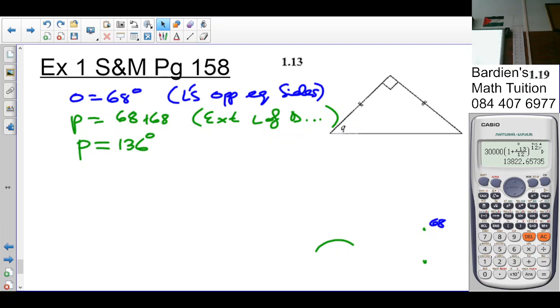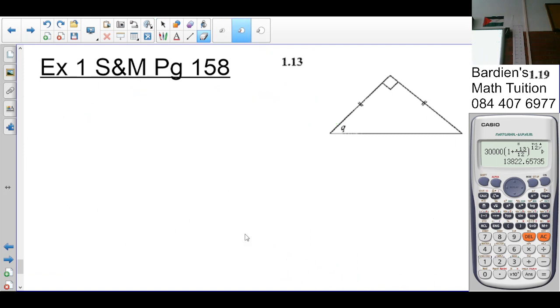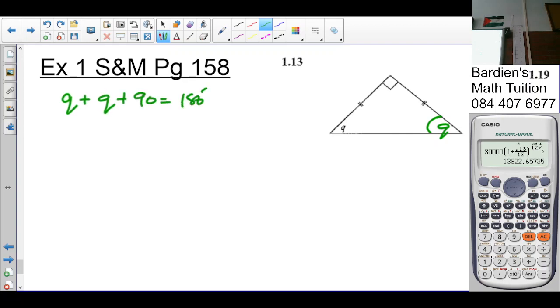1.13. This angle is equal to what? Q. Now what can we say? Q plus Q plus 90 equals 180. Reason? Sum of angles in a triangle.